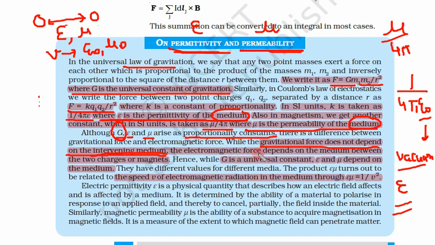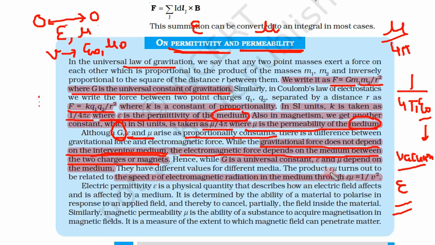The electromagnetic force depends on the medium between the two charges or magnets. So there is a difference between the gravitational law of force and electromagnetic force: G is a universal constant, but ε and μ depend on the material.